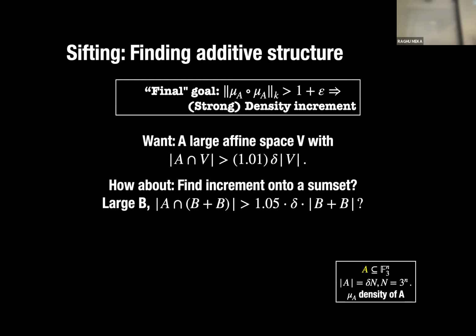That's what this definition is capturing. If I can find a V, then obviously I find a sum set, because V plus V is just V. So this is definitely a weakening of this requirement. Instead of looking for a subspace, we are going to look for a sum set, something which can be written as a sum of two sets.